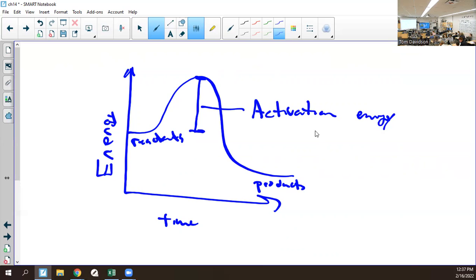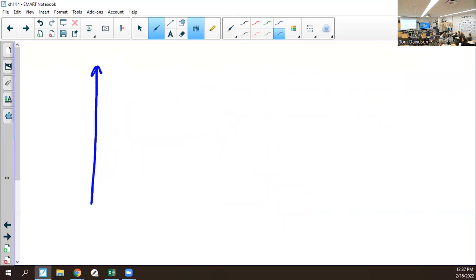Okay. So I'm going to say this out loud, so please listen. You ready? I want you to draw an endothermic reaction curve. So draw an endothermic reaction curve. Okay.